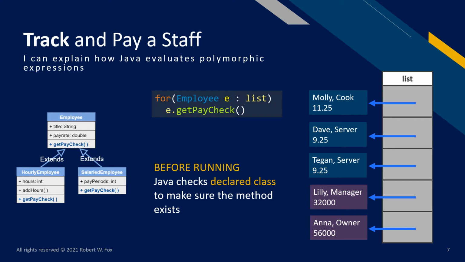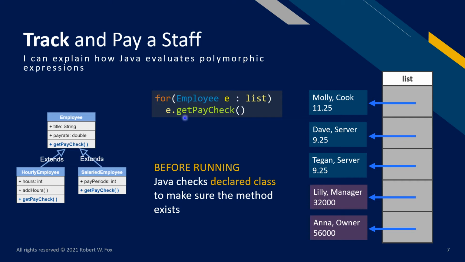Now, what we want to do is loop through this ArrayList and generate the paychecks for all the employees. And so you can see that we have the for-each loop. For each Employee e in the list, we're going to call getPaycheck on the employee. Now, how does Java handle all this? It actually starts before we even run the code. Before we run the code, Java's already checking.